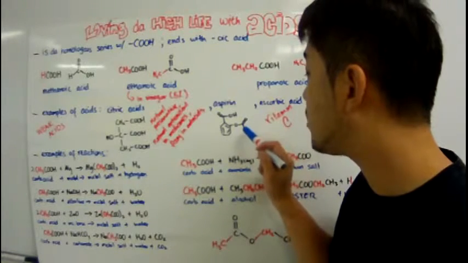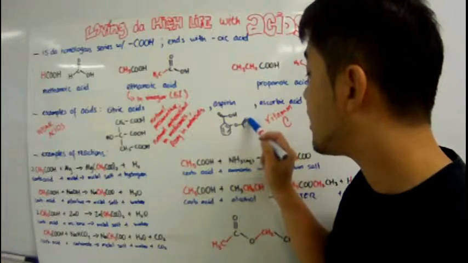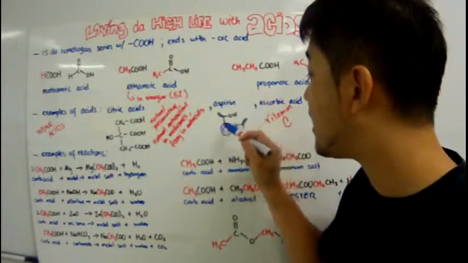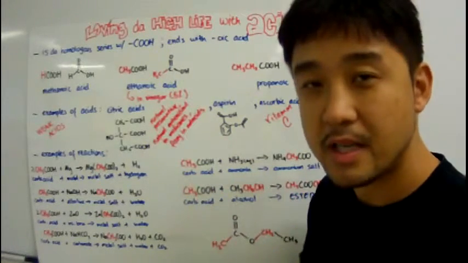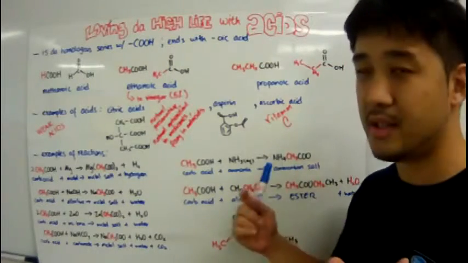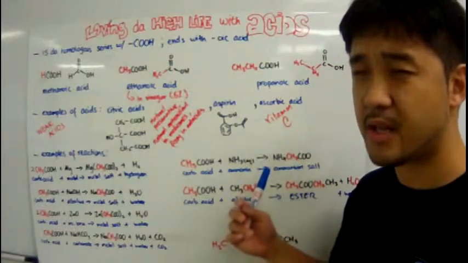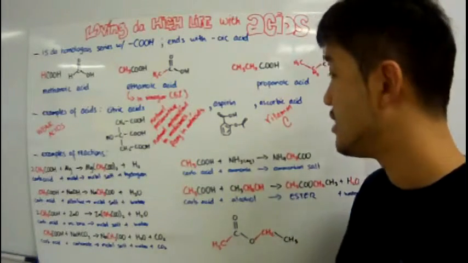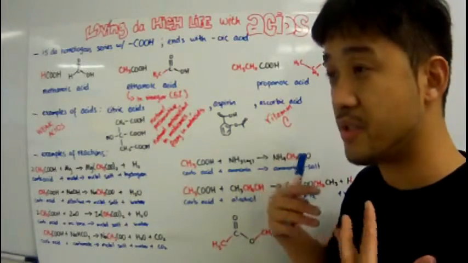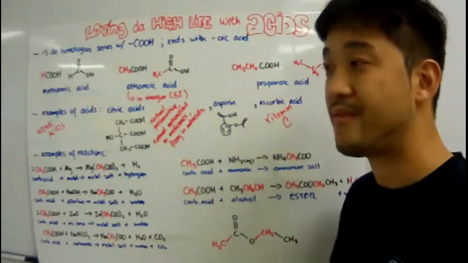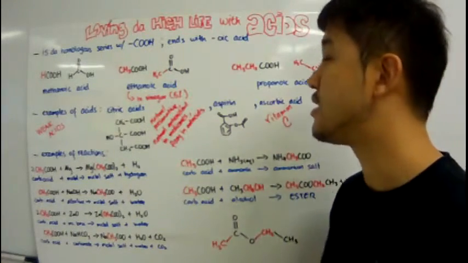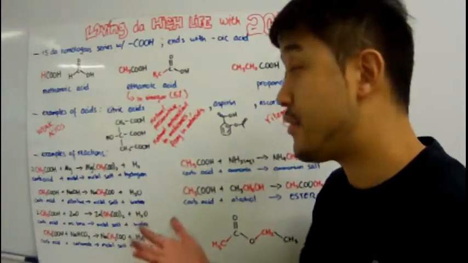It's like a methyl group contained with a C double bond O and an O. This is kind of like an ester, which we will talk about later. And finally, another example of a carboxylic acid is ascorbic acid. The street name is vitamin C, so you can find that in fruits and also in natural or synthetic supplements, whatever.